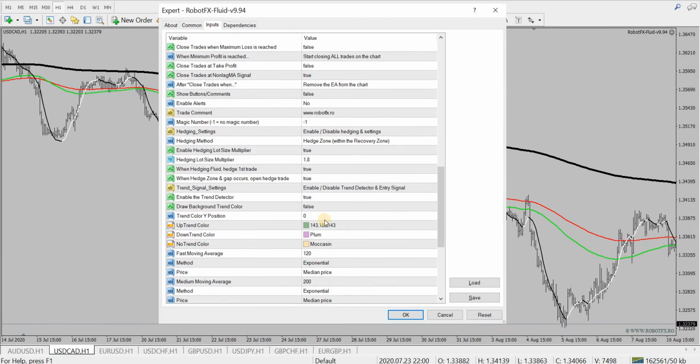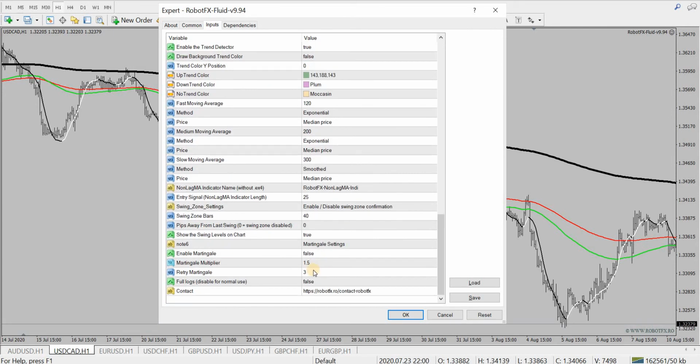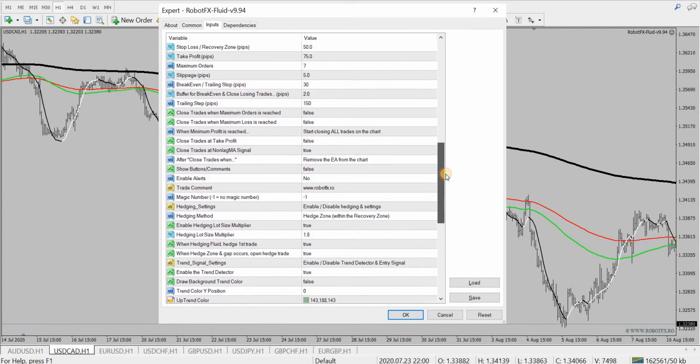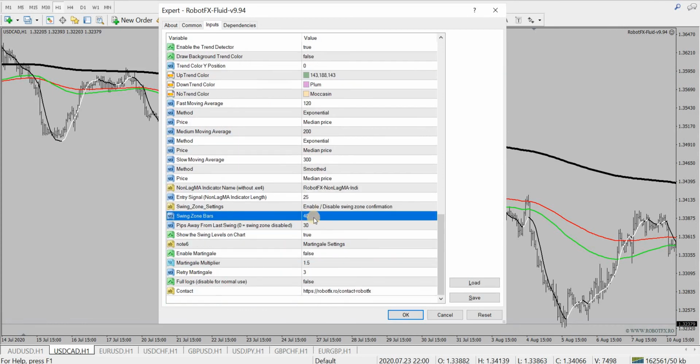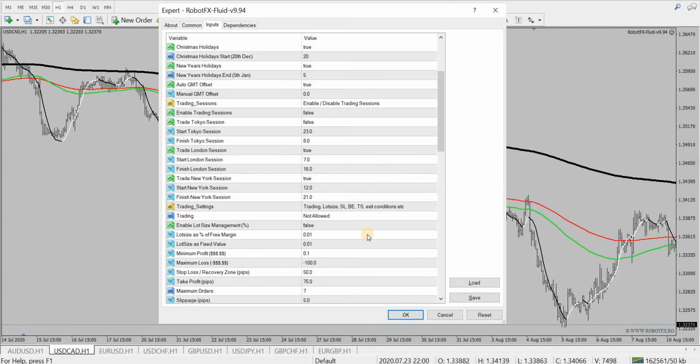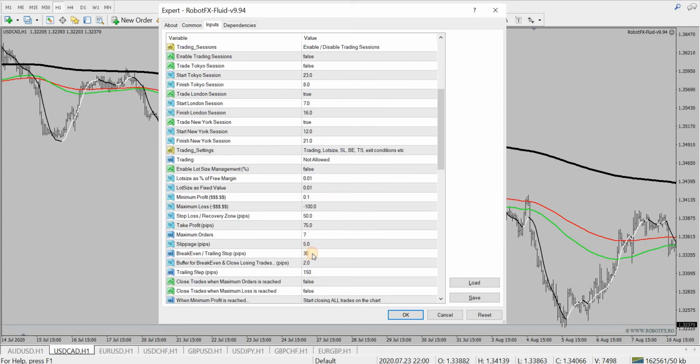Let's make it 30, and this is a preference of mine. I always, or most of the time, set it the same as the break even. So if the pips away from last swing is 30, my personal trading style break even will also be 30, which is somewhere here.